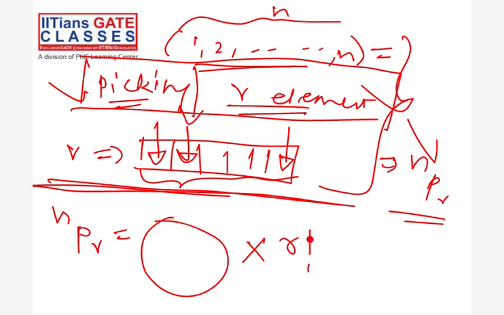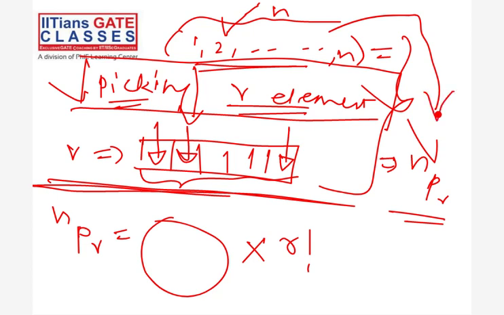Let me give you a quick overview. We have already seen in the last lecture that if you have n elements and want to arrange r elements from them, then this is the formula.